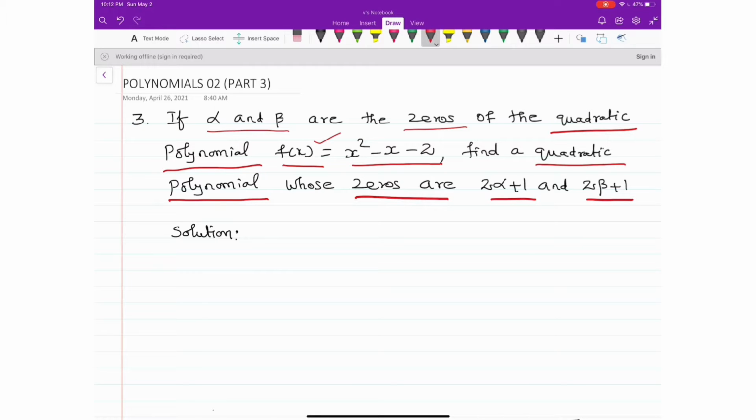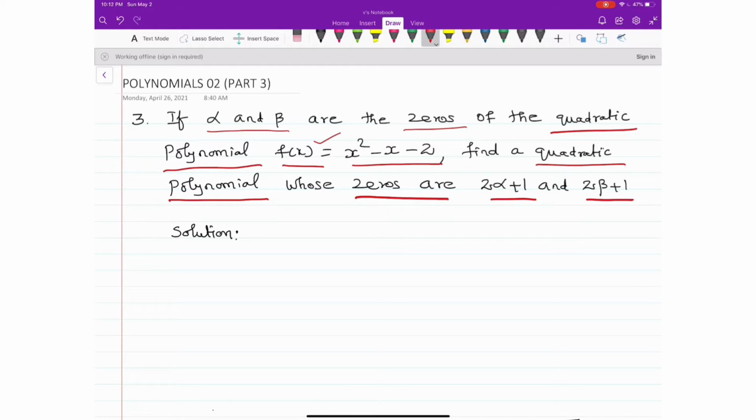So, easily I can find out the sum of the zeros, that is alpha plus beta, which is equal to minus coefficient of x by coefficient of x squared. And also I can find out the product of the zeros, which is nothing but alpha beta, which is equal to constant term by coefficient of x squared.